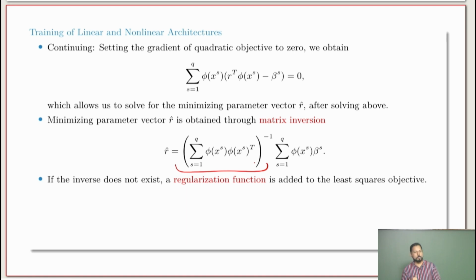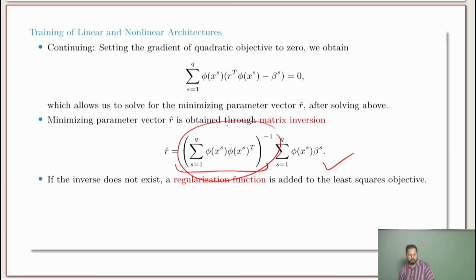Overall, if you expand the calculation that we did before, it will look again similar to this. So if the inverse doesn't exist, this is the inverse that we are talking about. If you write it down in terms of a matrix, phi s is like a vector. You may also think of this as rank 1 updates, q of them.